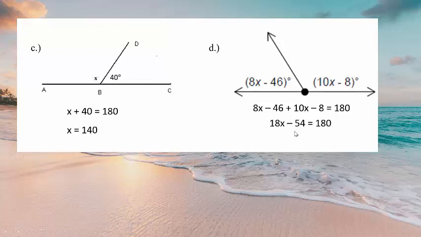We'll add our 54 over, and then we'll divide by 18, and we'll get that x equals 13. So again, if you see a line, that means that you have 180. If you see a box, that means you have 90.